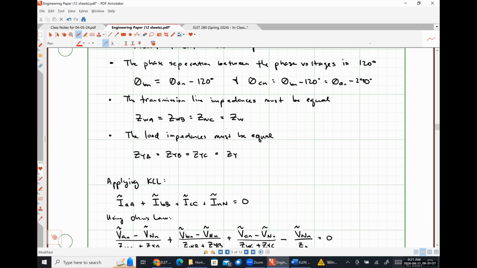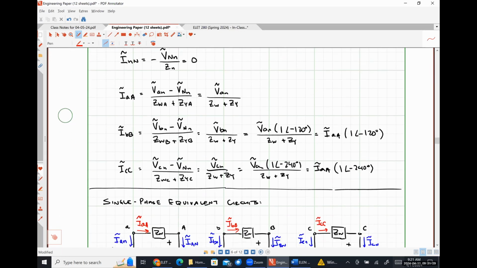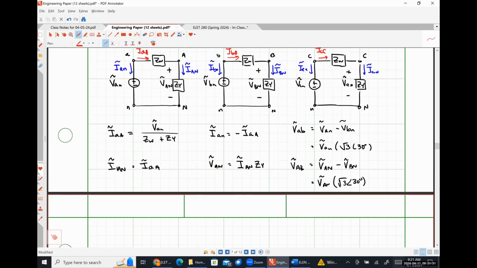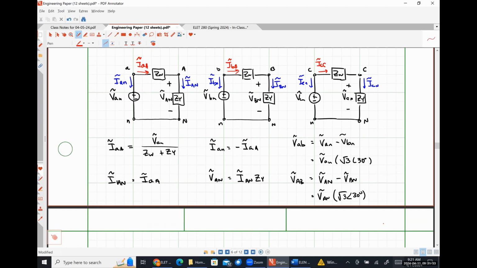Yeah, so let's pop back over here to these relationships that we talked about. We were given one of the pieces of information that we can't get for our single phase equivalent circuit, but we have absolutely right. So VAN is just going to be VAB divided by √3 angle 30 degrees.